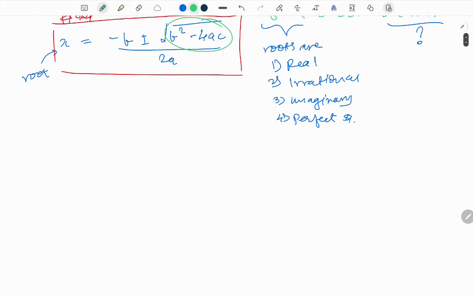So now let us understand more about the delta, the determinant.